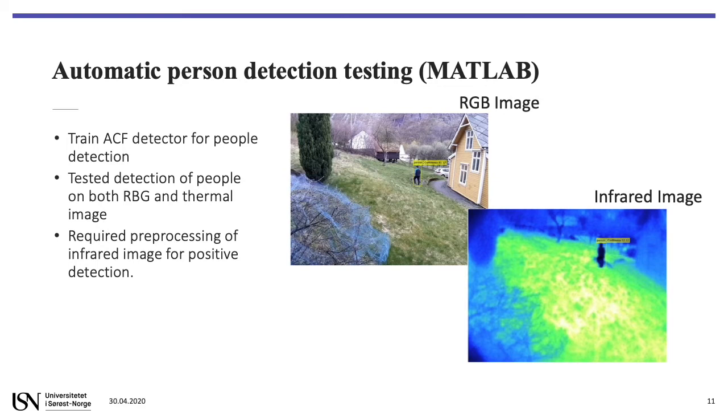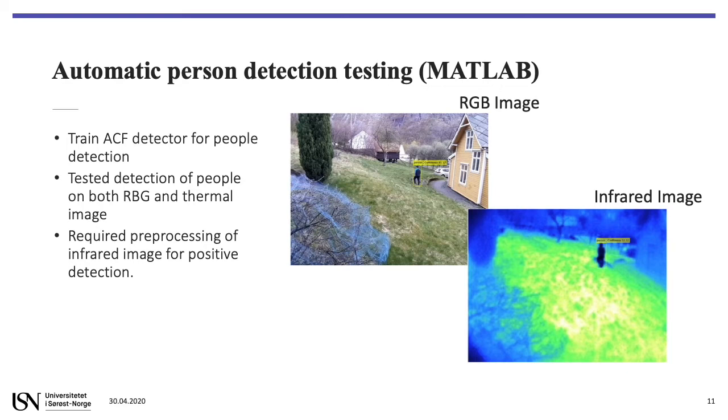Due to some problems with training the SSD and faster RCNN networks that we made in MATLAB, we tested using a different kind of detector. We trained an ACF detector, and the ACF stands for Aggregated Channel Feature.